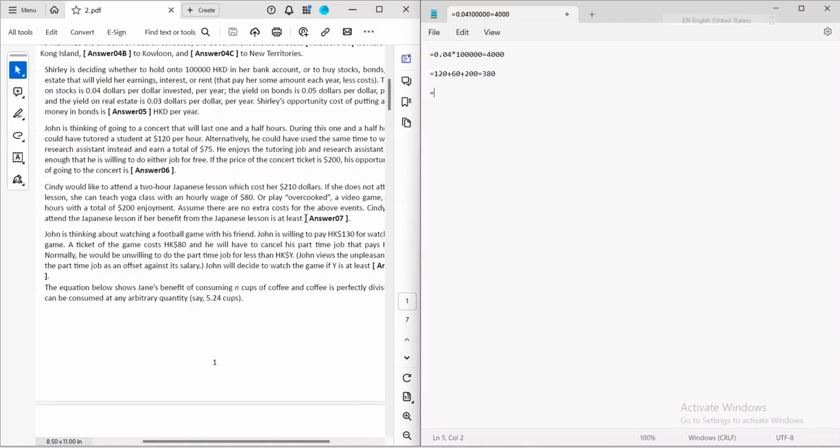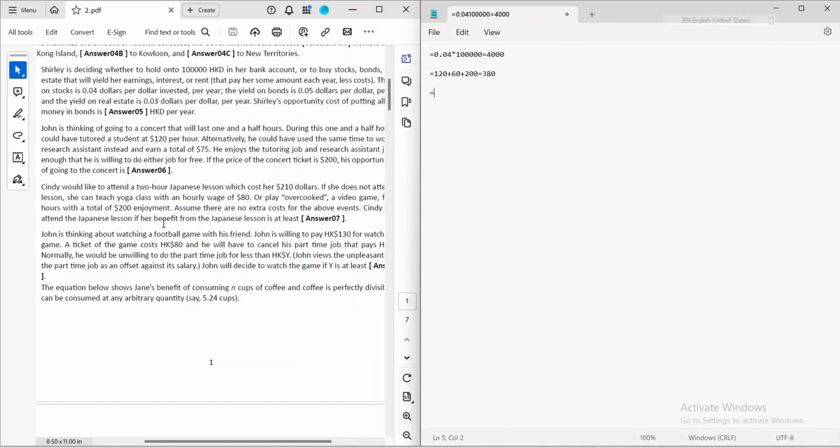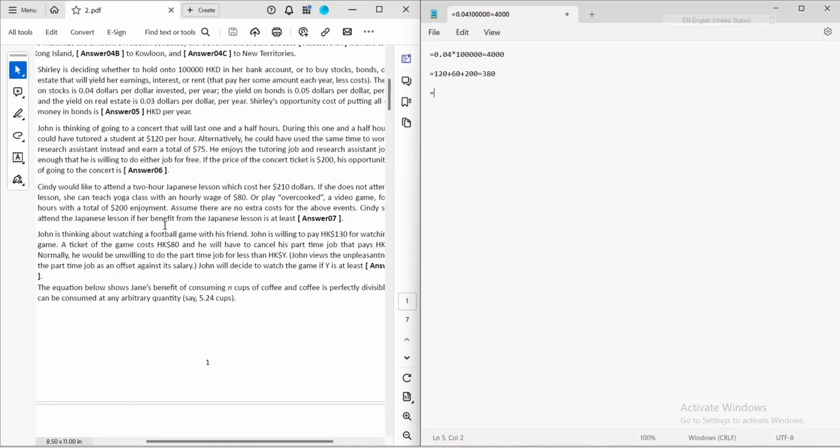Okay, so the first benefit should be, okay, the question says what should be the benefit from the Japanese lesson. So if she attends the Japanese lesson, then the total benefit should be the sum of $200 as well as the cost of the lesson, that is $210.